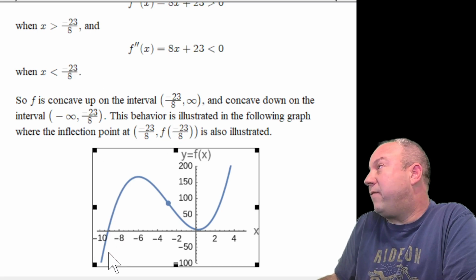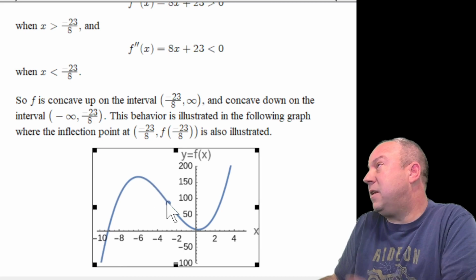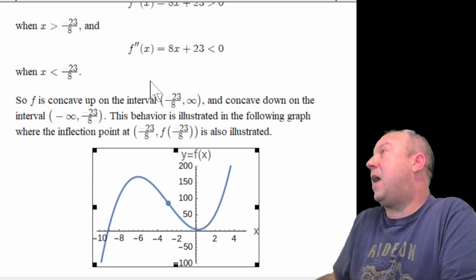And notice the graph from negative infinity all the way up to that location, negative 23/8, is concave down. The slopes are going from positive to 0 to negative. They are decreasing in value.